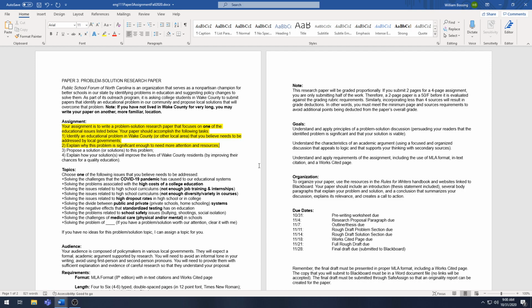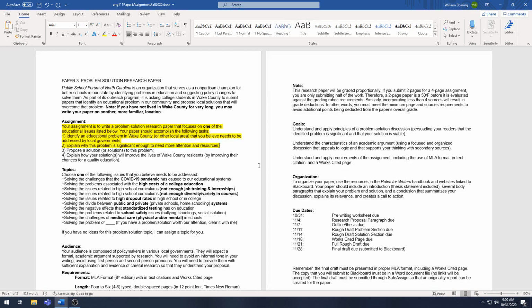If you have 4, you might end up having 6 or 5 or whatever. Sometimes your discussion and the information you want to include in the paper kind of sets its own structure, right? So you can't just say this is 3 body paragraphs or 4 body paragraphs, but I think you'll have probably at least 4.